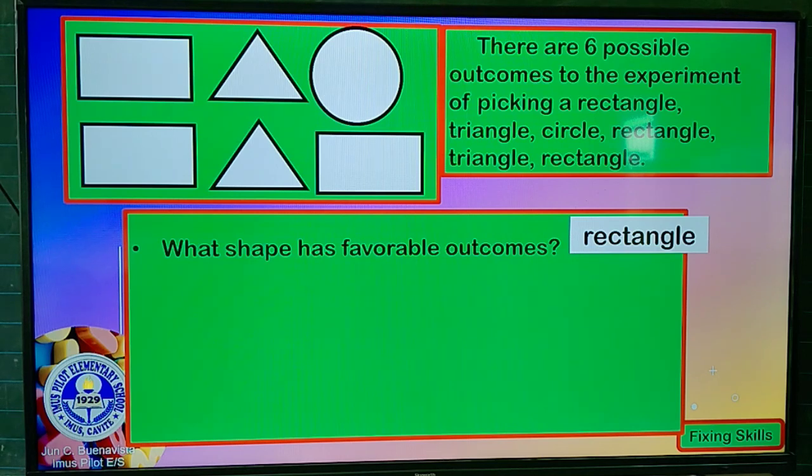Because the rectangle is 3, while the circle is only 1 and the triangle is only 2. So one or more outcomes of an experiment is an event. So a probability tells how likely it is that an event will occur. All outcomes are assumed to be equally likely.